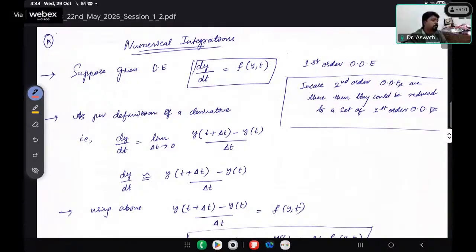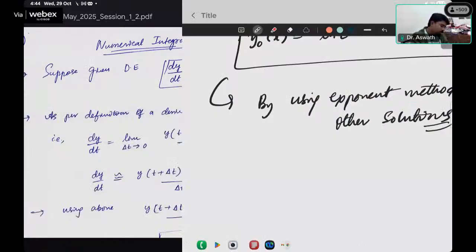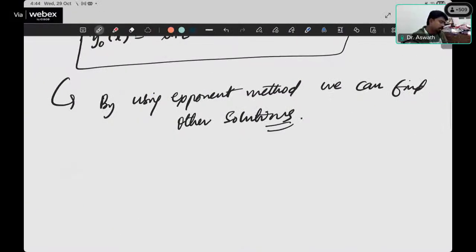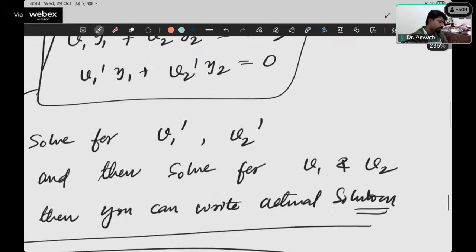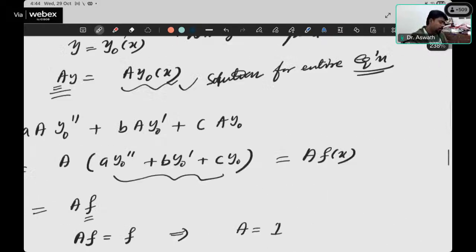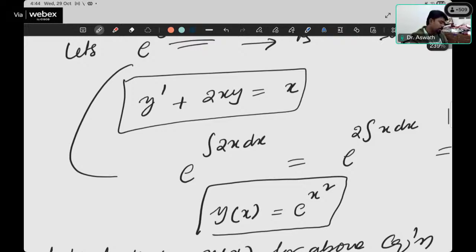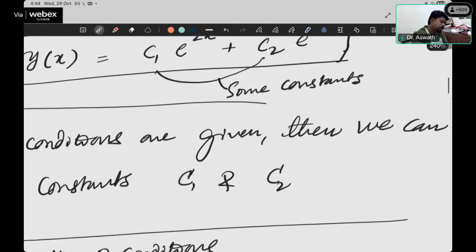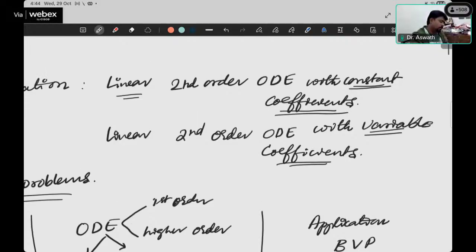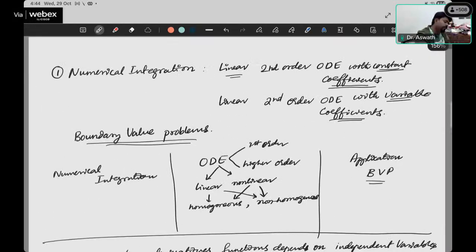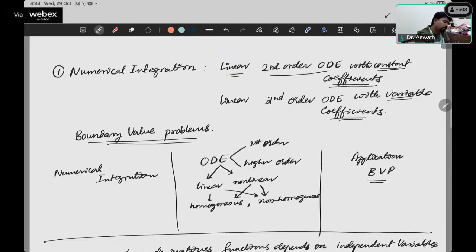Now coming back to numerical integration. Let's see what I have promised so far. Linear differential equations of second order with constant coefficients, and linear second order differential equations with variable coefficients.